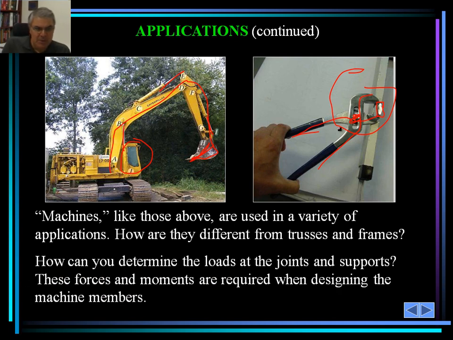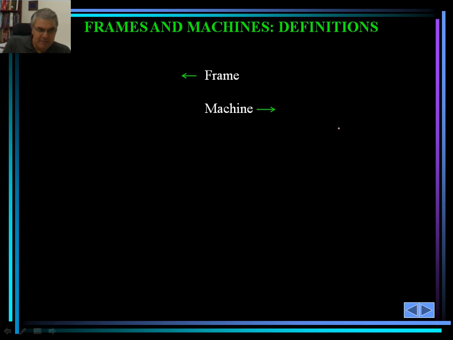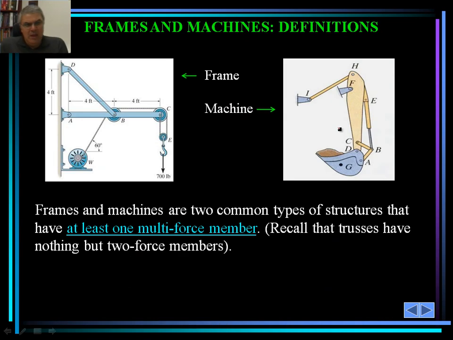How can you determine the loads at the joints and supports? Well, we need to take a closer look at them to see how we can actually analyze them. By definition, frames and machines are two common types of structures that have at least one multi-force member.